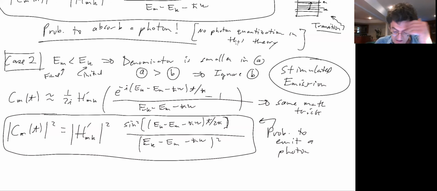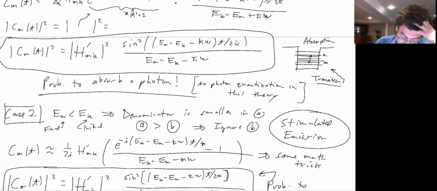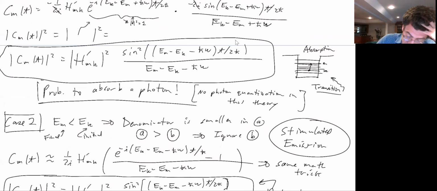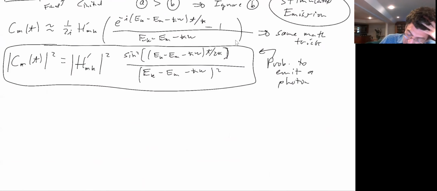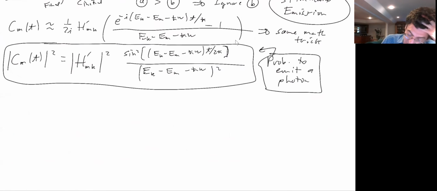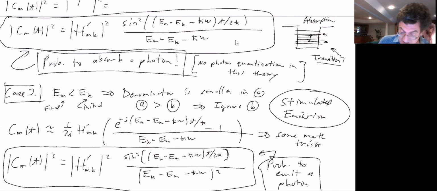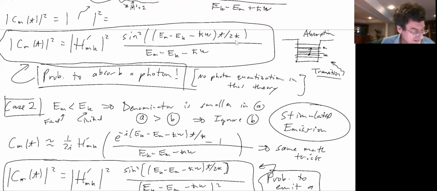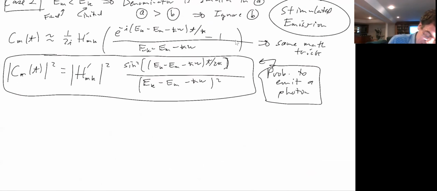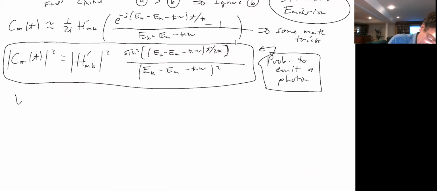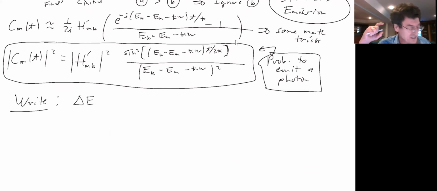And the thing to notice is that these two expressions are the same. The probability to absorb a photon and the probability to emit a photon are essentially the same expressions. So let delta E be the energy difference between the initial and final states, the absolute magnitude of that energy difference.